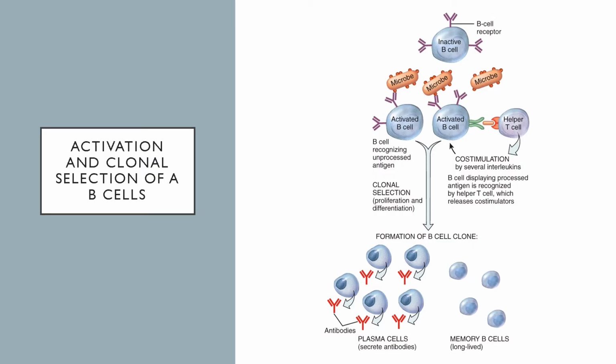During activation of a B cell, an antigen will bind to B cell receptors. These are known as BCRs as well. Now, these are integral transmembrane proteins, and chemically they're going to be very similar to the antibodies that are later secreted by plasma cells.